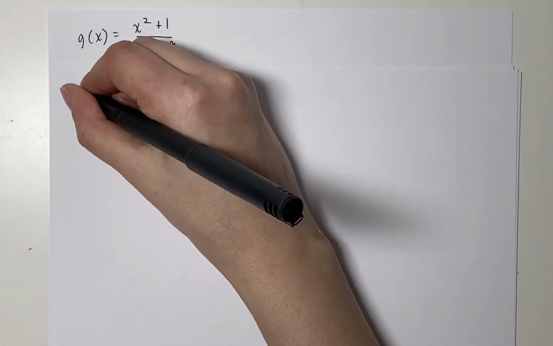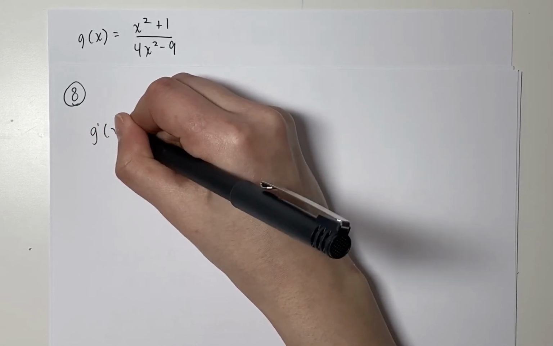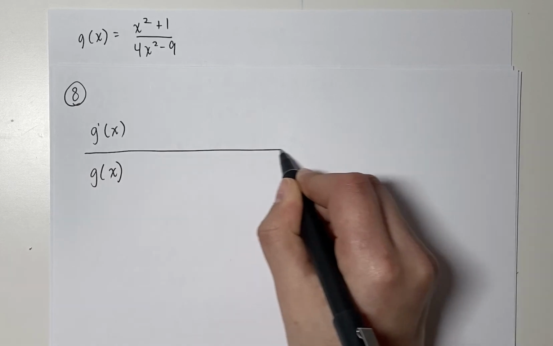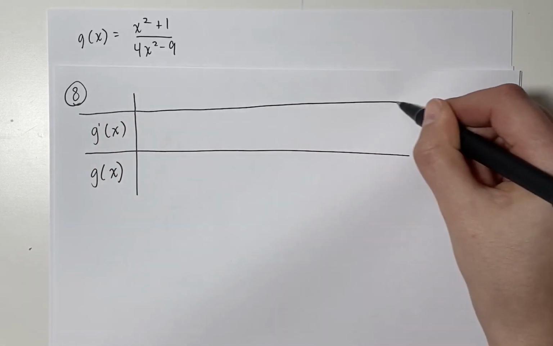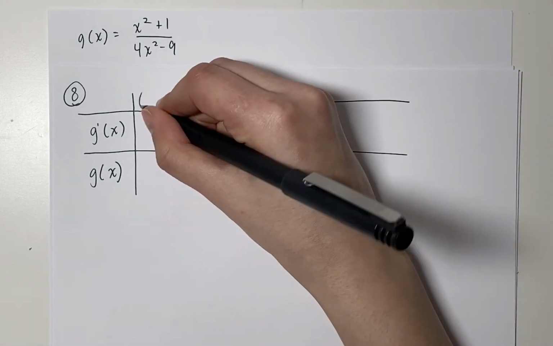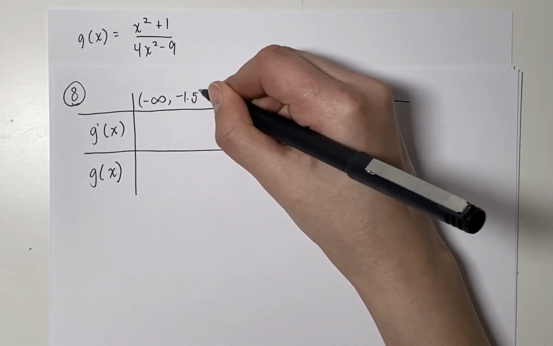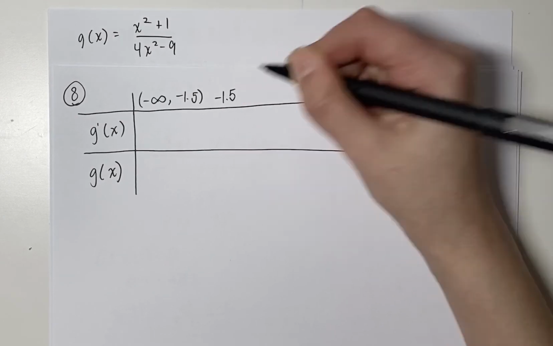So our 8th step, we're going to draw an interval table. So we have g prime of x and then just g of x. Now if we recall, our critical numbers were 0, negative 1.5, and 1.5. So we're going to go negative infinity to negative 1.5. And we know that one of our critical numbers is negative 1.5.